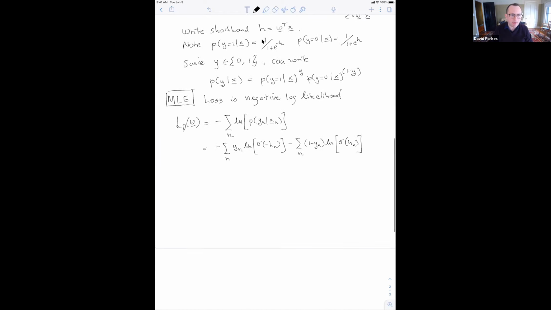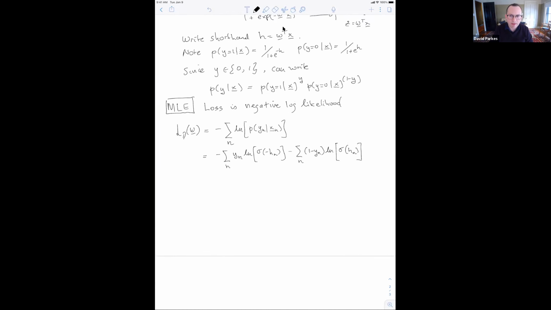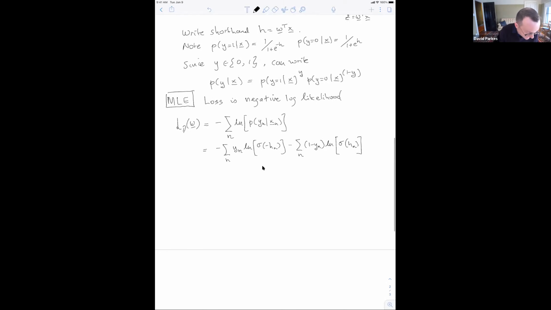So here, remember, I'm using the shorthand h to denote the inner product between the parameters and the input vector. And remember, for a prediction of y equal 1, it's the sigmoid applied to minus that value. And for a probability of y equals 0, it's the sigmoid applied to the positive value. And h sub n is just this value for example n. That's my notation. So nothing complicated has happened here.